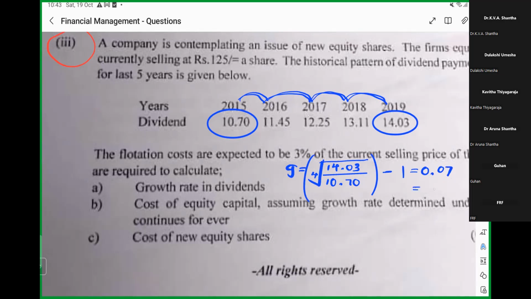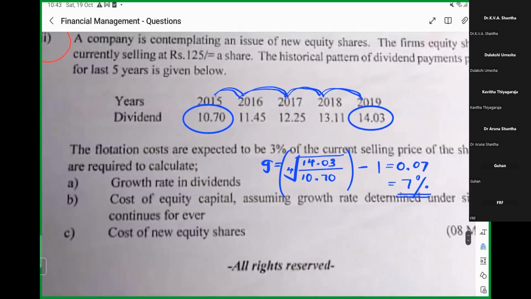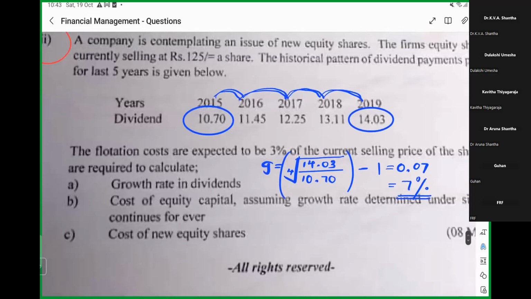As a percentage, 7%. Have you got 7%? Yes, sir. Right. Then the cost of equity capital.